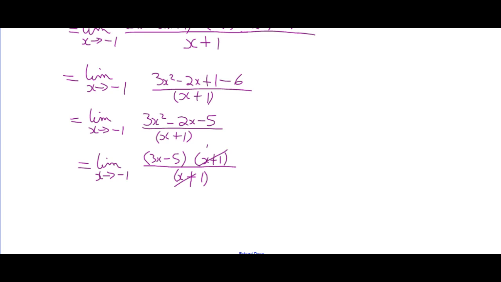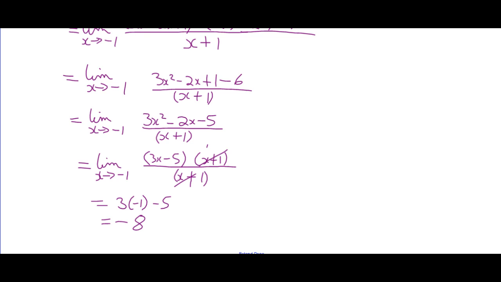So this is equal to 3 times -1 minus 5, which is -8. And by now we've forgotten what this thing was. What is that -8? It's the slope of the tangent line, right?